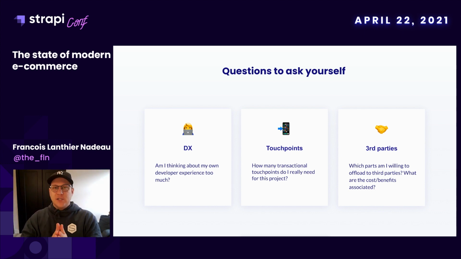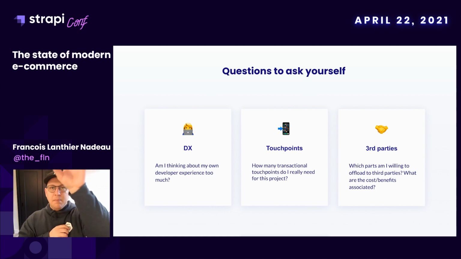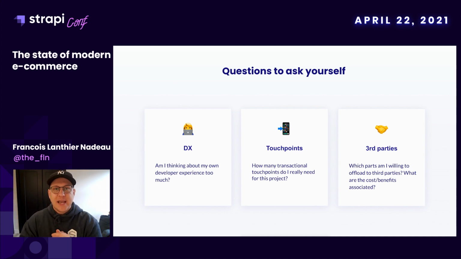The second question you want to ask yourself is about this famous omni-channel, multi-platform thing. The question becomes, what touch points do I need to be selling on? If you have a physical component in your e-commerce project and the merchant needs to be selling at fancy events with interactivity and all of that, maybe consider using a purely headless approach, where you will have one single source of truth that can be passed into different channels of transactions, right?